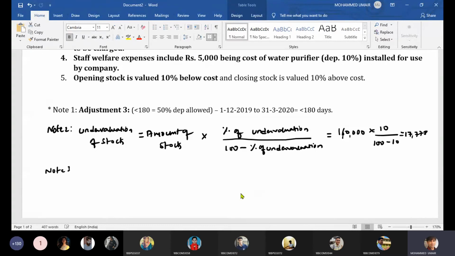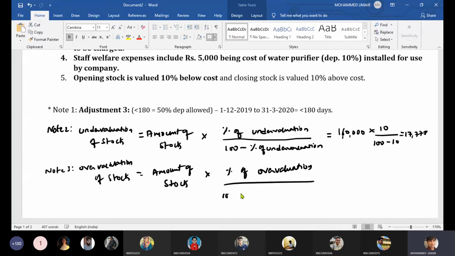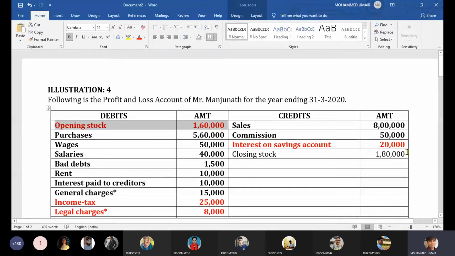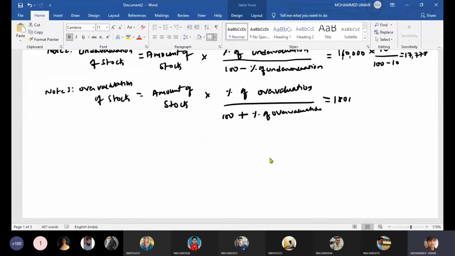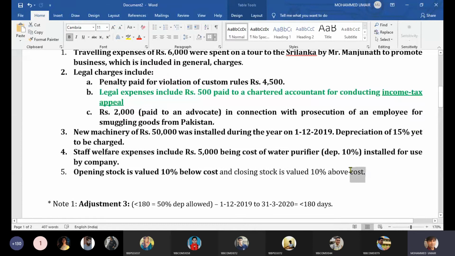Now note 3, overvaluation of stock. So amount of stock, same, only instead of minus here it will become plus because it's overvaluation. So what is the amount of closing stock which is being overvalued? 1,80,000. So 1,80,000 into 10. What's the percentage of overvaluation? Same, 10%.